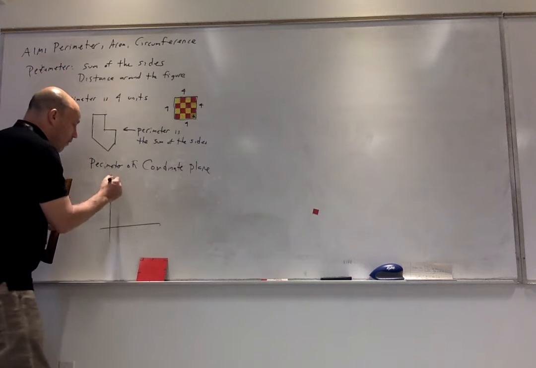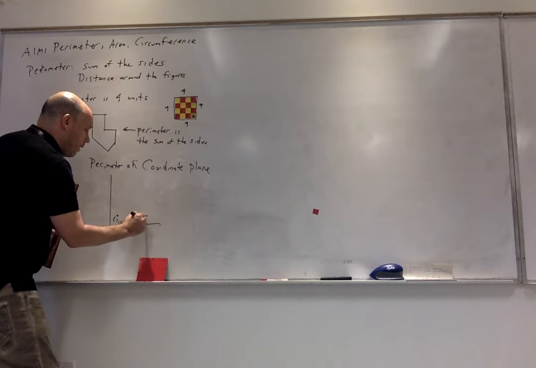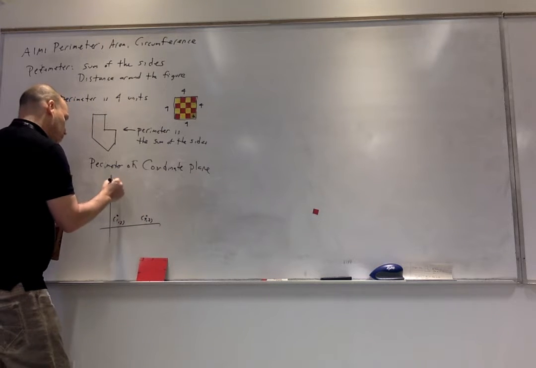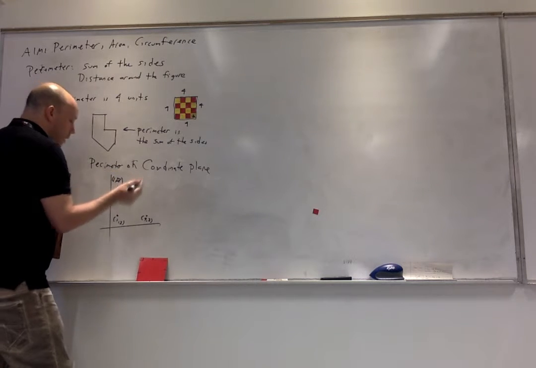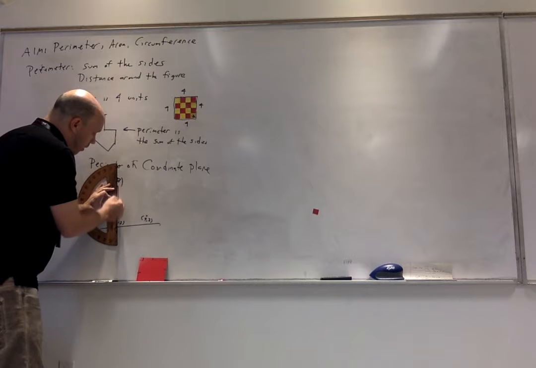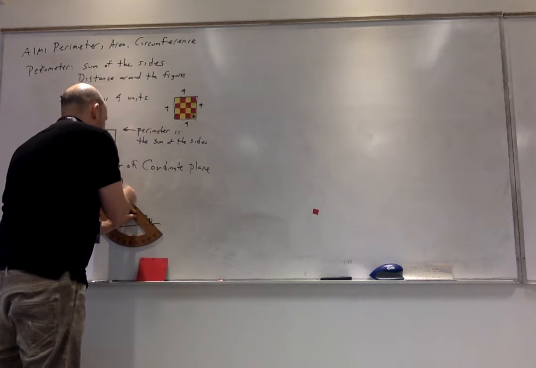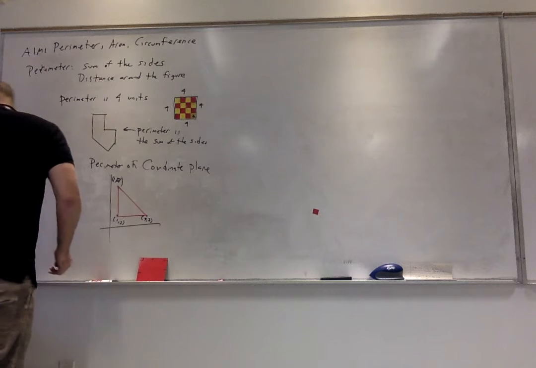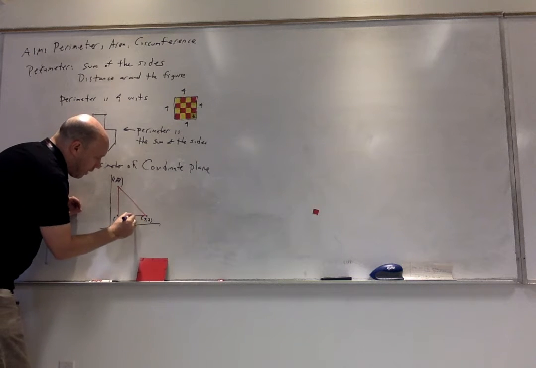So, for example, let's say you have the point 1, 3, the point 4, 3, and this point up here is 1, 7. And so you have a triangle, and I want to know what the perimeter is. The segment from 1, 3 to 4, 3 is 3.